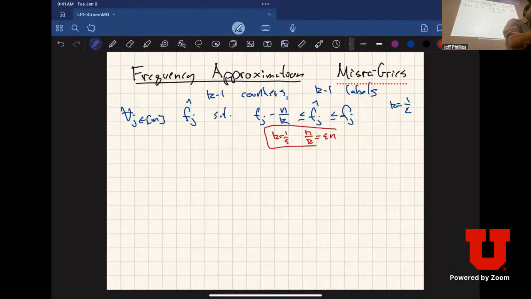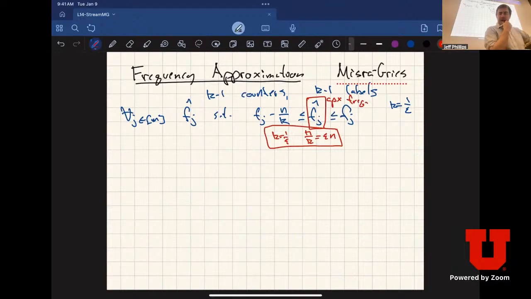That means my estimate will always be less than the true value, but not more than epsilon n less. And so I can use this to answer these heavy hitter questions with this value of epsilon. If this is 1%, 0.01, 1 over epsilon is 100. So I keep 100 counters or labels, and I keep track of all frequencies within 1% accuracy.